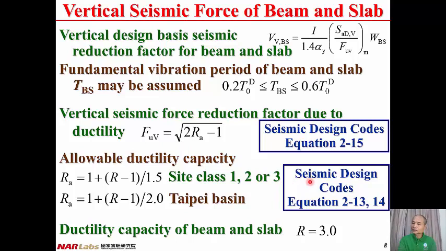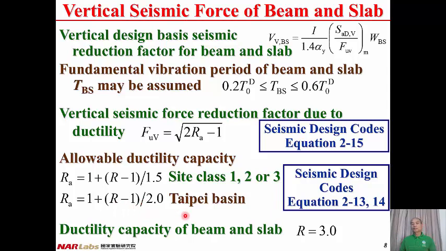According to the seismic design code equation 2-15 and 14, for site class 1, 2, or 3, RA equal to 1 plus (R minus 1) divided by 1.5. For Taipei Basin, the allowable ductility capacity RA equal to 1 plus (R minus 1) divided by 2.